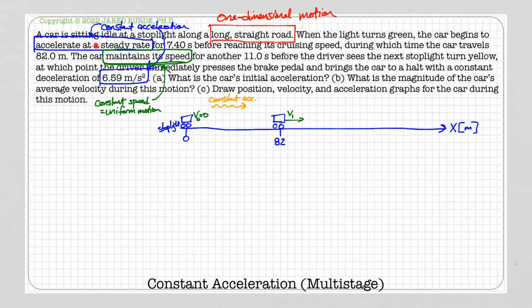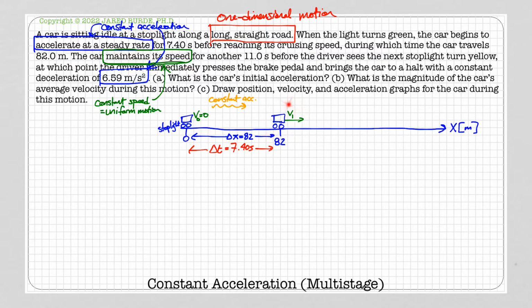We're also told that this acceleration lasts for 7 seconds. So we know that the time increment here is 7.4 seconds during this first interval. We go from 0 to 82 meters, and so our displacement in that case is going to be that 82 meters there.